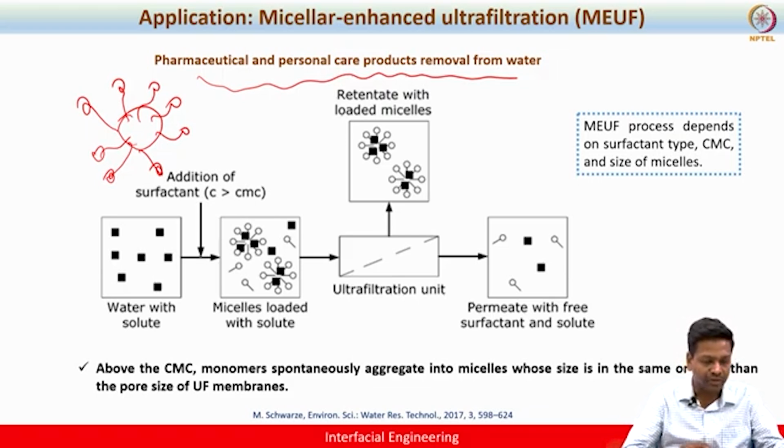Okay. So let's say if we want to remove the pharmaceutical and personal care products, we will have to consider that we have the wastewater containing the target pollutants or the solute molecules. Then what we have to do is add the desired surfactant.